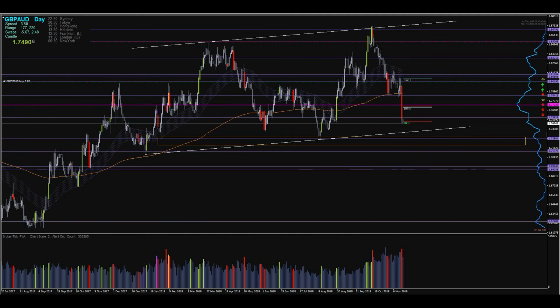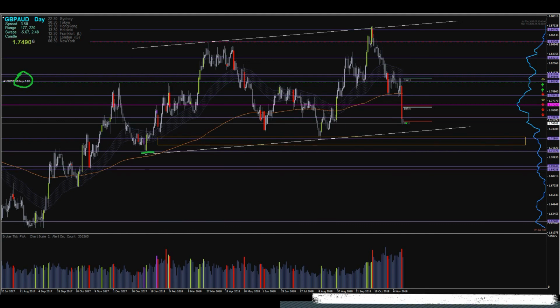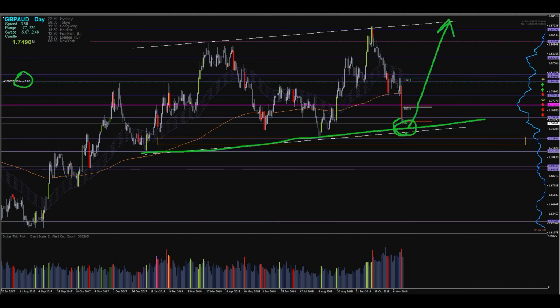This is the pound, and as well I have a small position here, and what I'm expecting is that the market will rebound from this level, and we will see something higher. Overall, my own personal view about the pound is that we're going to see a strong pound soon, because of the COT data and all this news.